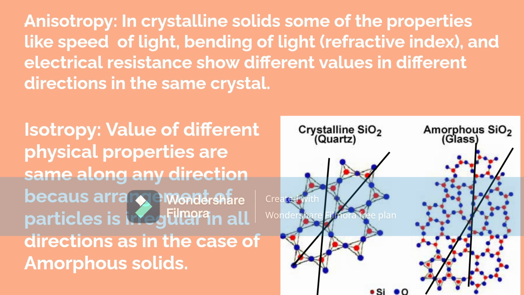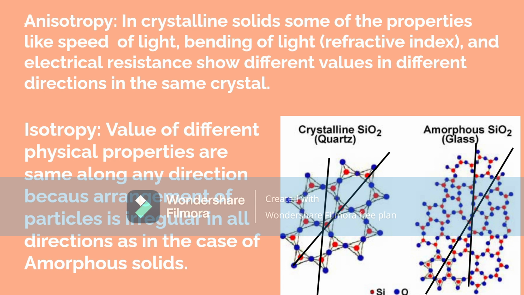Isotropy is observed in amorphous solids. Here the values of physical properties like bending of light, speed of light, and electrical resistance are the same along any direction.